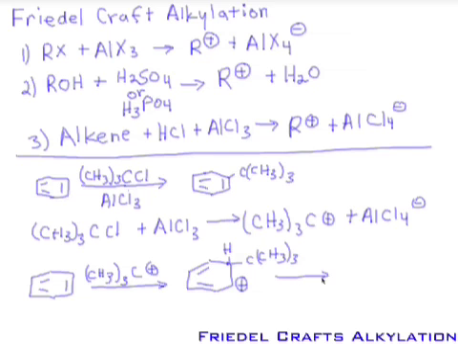AlCl4 minus attacks the proton. 2 electrons dump in, restoring the pi bond, and we get the tert-butyl benzene.